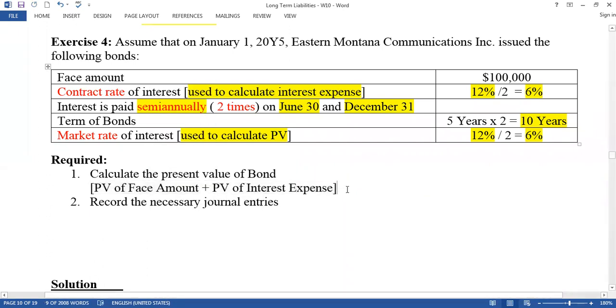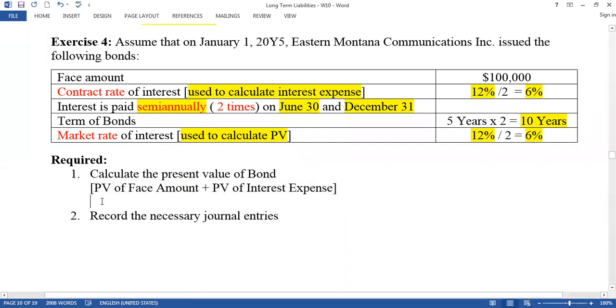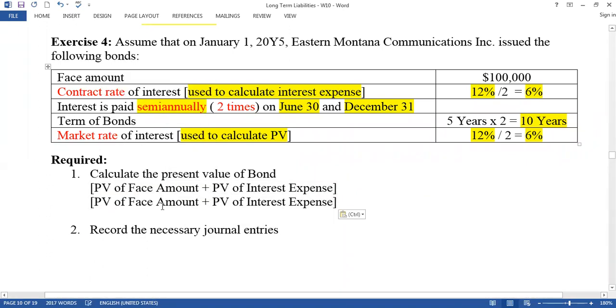If you remember the previous class, for the present value of the face amount, the face amount is $100,000. So the present value of $100,000 is $100,000 times the factor.